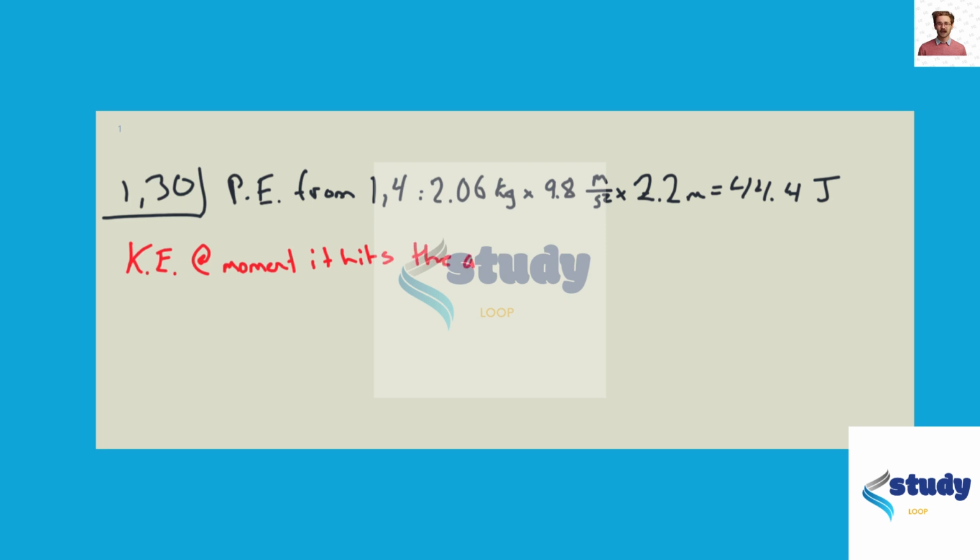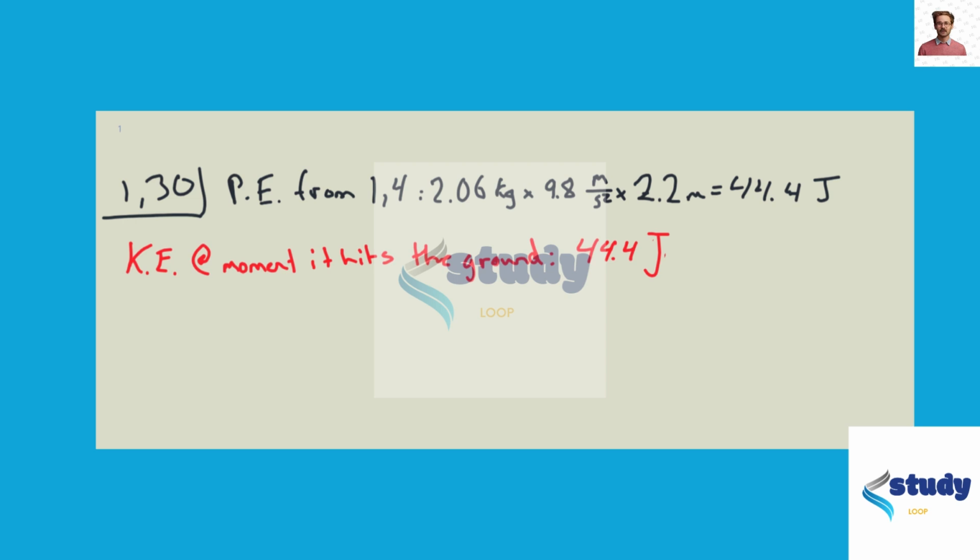So the kinetic energy at the moment it hits the ground will be all of the potential energy because there is no more height. So it's 44.4 joules, which is the first part of the question. The first part is what is the kinetic energy? The second part is what is the velocity?